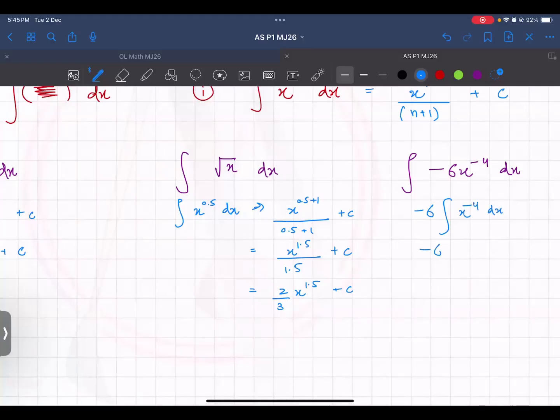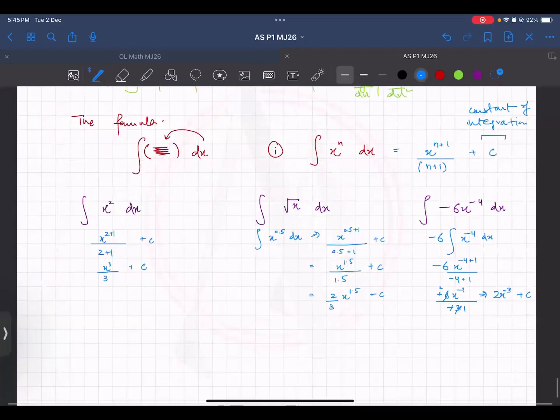And then this would become minus 6 still outside, x power minus 4 plus 1 divided by minus 4 plus 1. So this will become minus 6 x power minus 3 upon minus 3. Minus minus cancel out, 3 times 1, 3 times 2. So this becomes 2x power minus 3 plus c. This is your answer.